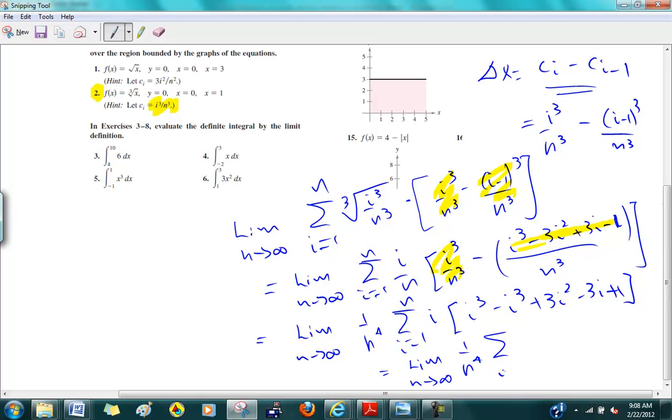Okay, does this make sense? Okay, so the i cubed cancel, and so it leaves me with 3i cubed minus 3i squared plus i. I distributed this i out. I distributed that i.